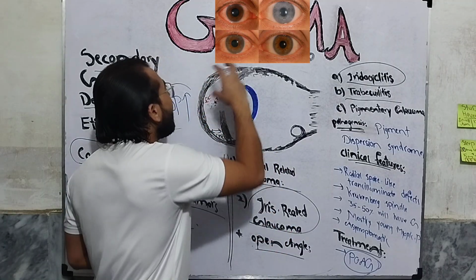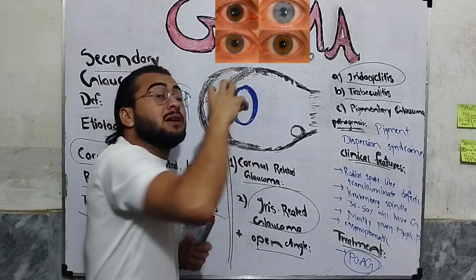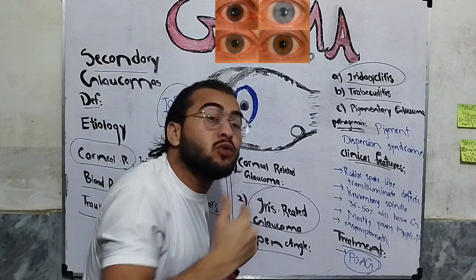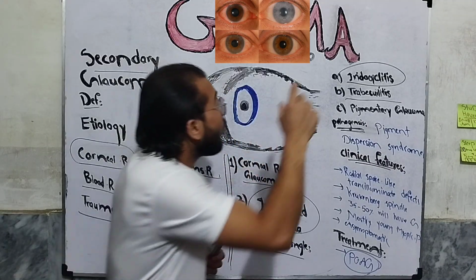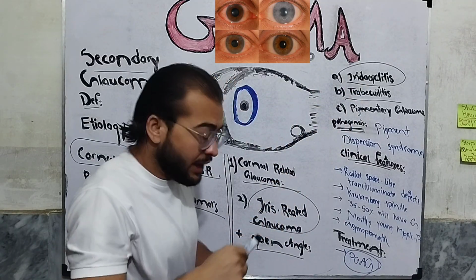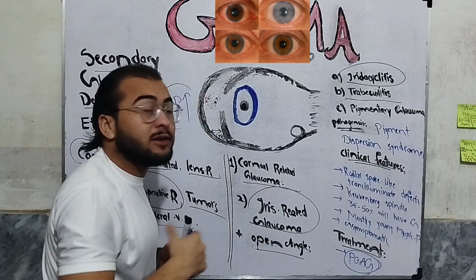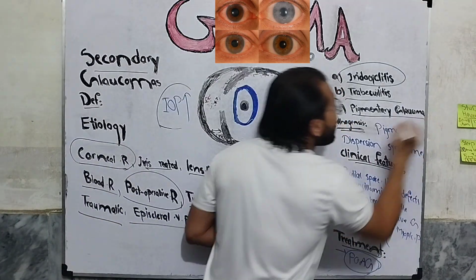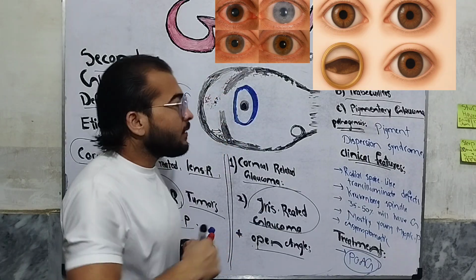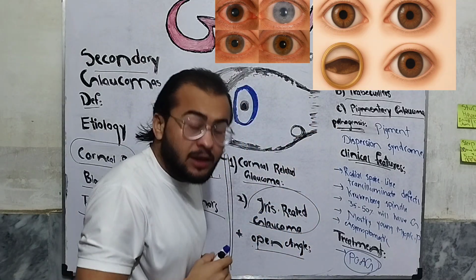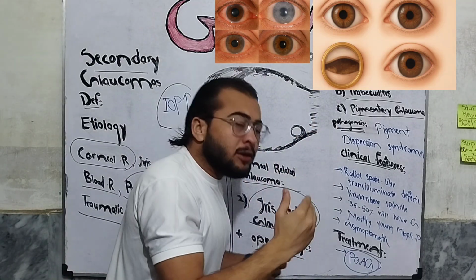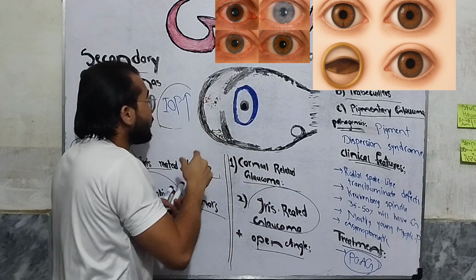So it will also block these perforations and induce an open-angle secondary glaucoma. And now the third open-angle secondary glaucoma is pigmentary glaucoma, and it is important, guys. Pigmentary glaucoma is the deposition of the pigments.